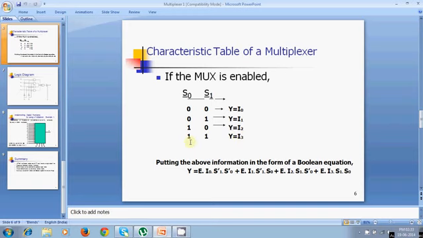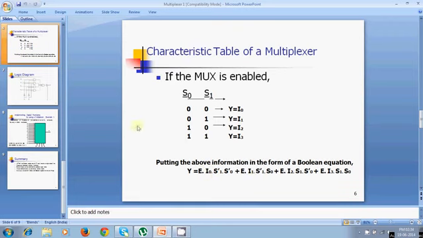From this characteristic table, we can write the Boolean equation, which is y equals E into I0 S1 dash S0 dash plus E into I1 S1 dash S0 plus E into I2 S1 S0 dash plus E into I3 S1 S0, where E represents the enable input, and S and I signify control inputs and input lines.